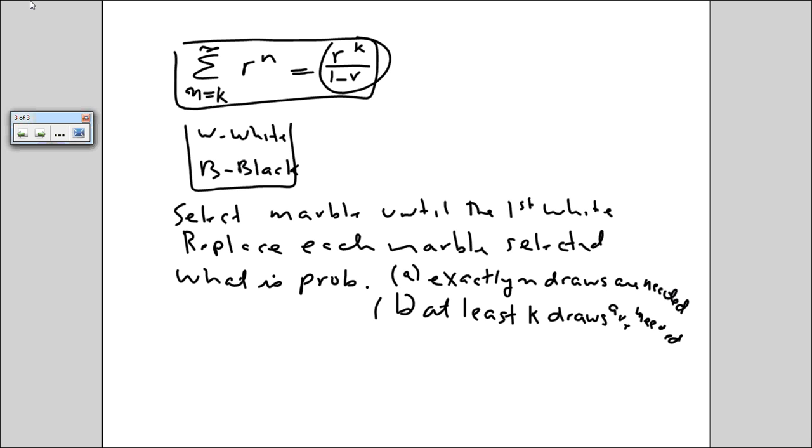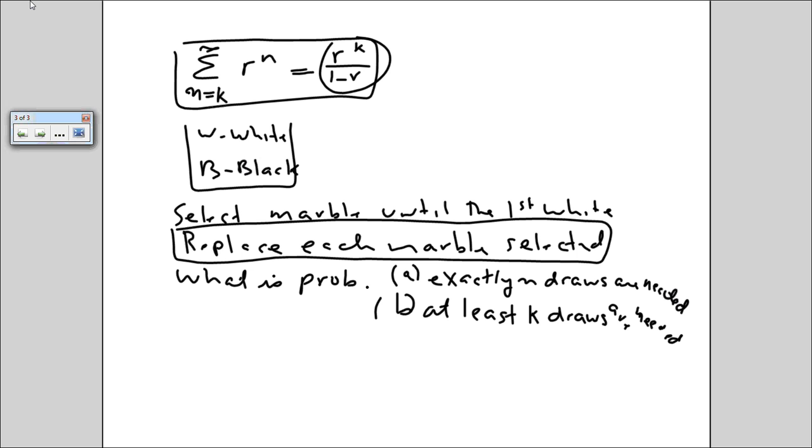Okay. Now, the first thing I want to talk about is why we should say that we replace the marbles. Why must we replace the marbles? Well, first of all, you don't have to replace the marbles, but to be a geometric random variable, you must replace the marble. And the reason is let's suppose you don't. Suppose you get a black first. There are B black marbles, and in total, there are W plus B marbles.